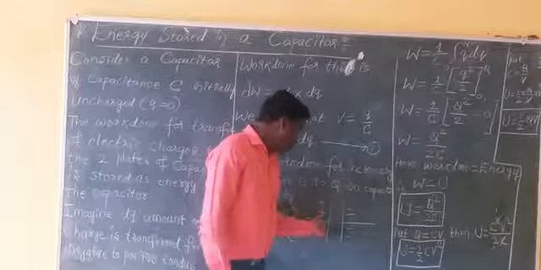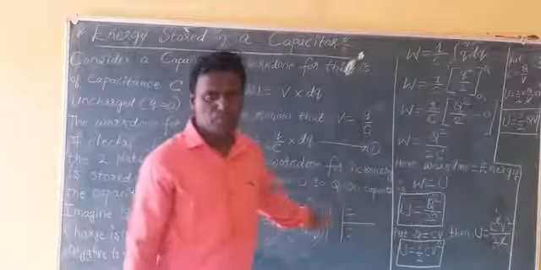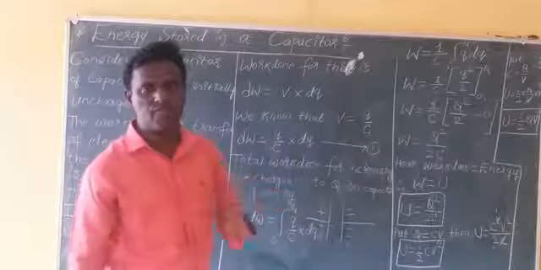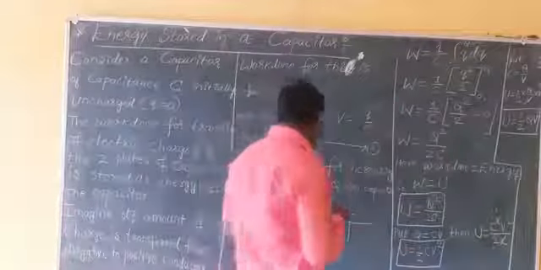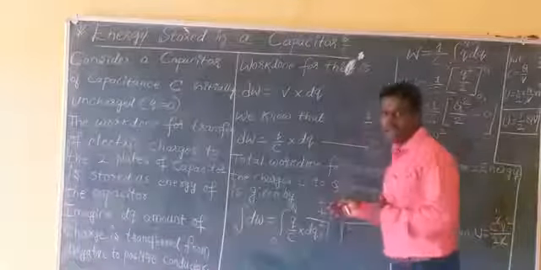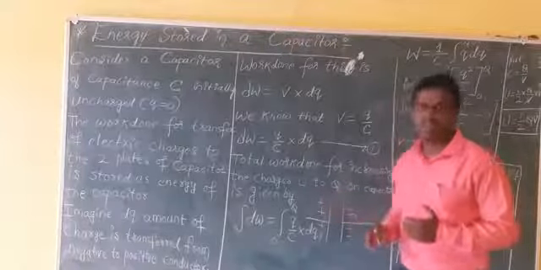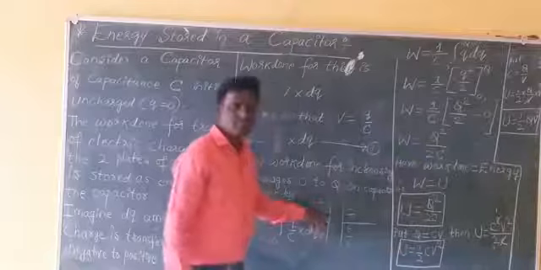Now I want to remove one of the positive charges from the positive plate. In that positive plate there are 5 negative charges and 10 positive charges. Those 5 negative charges exert a force against removing the positive charges from the positive conductor.